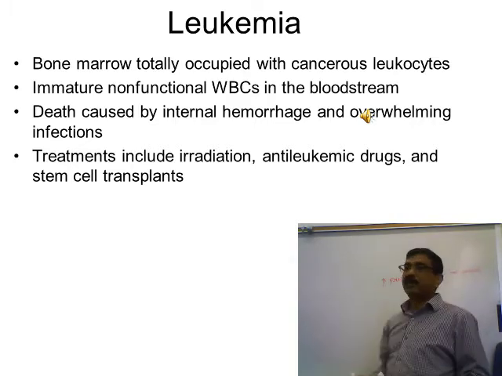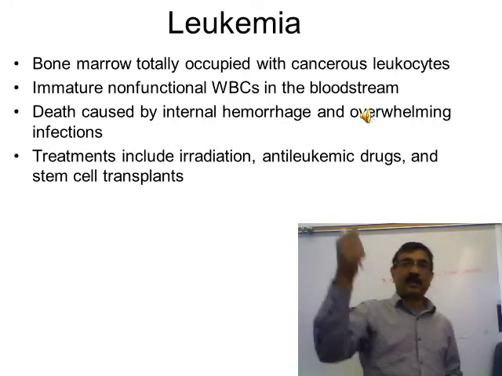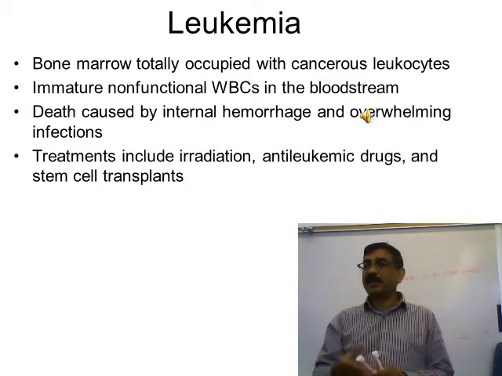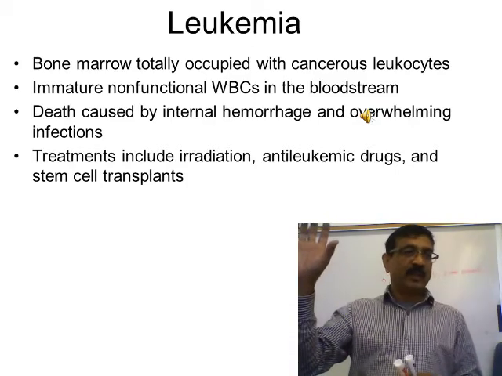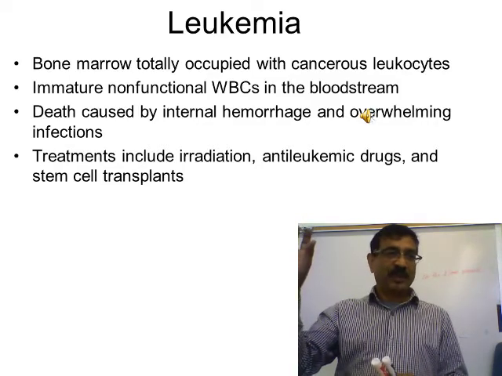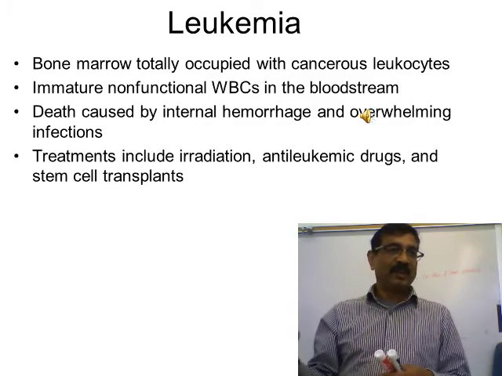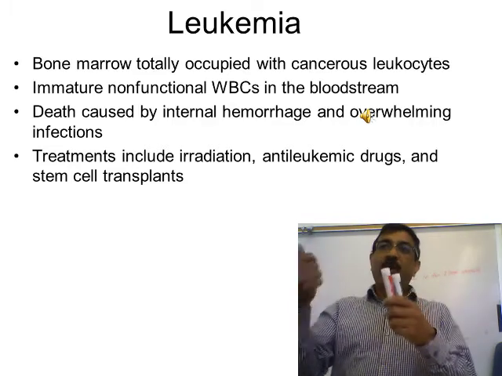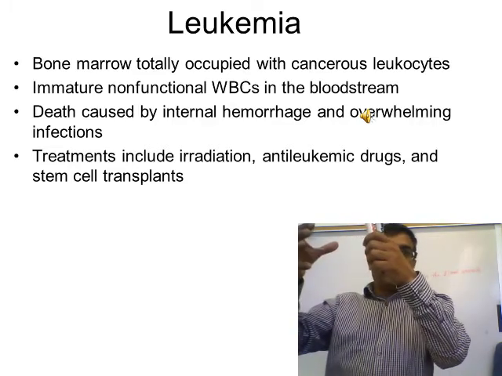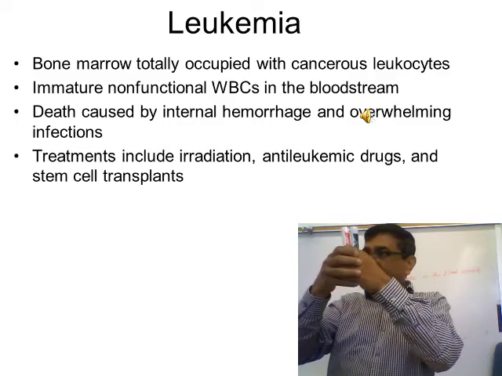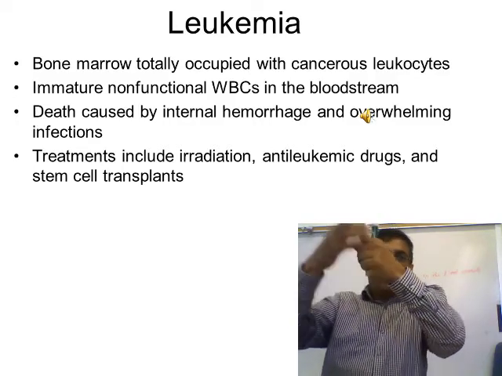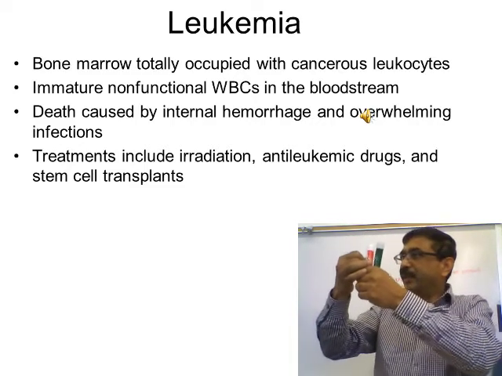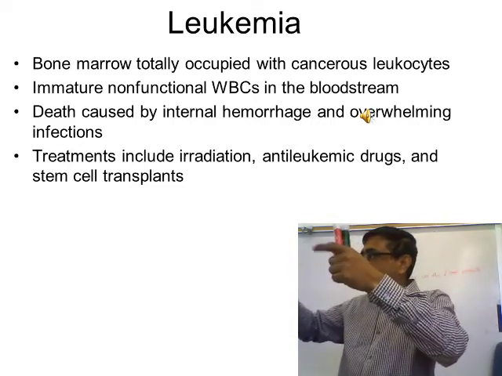Because if the number of white blood cell is extremely high, what happens? Two things happen. One is the thickness of blood will increase, right? Viscosity is the thickness. So the thickness of blood will increase, and also the volume of blood will increase. So both together will increase pressure on the wall of the blood vessel. Is it clear?